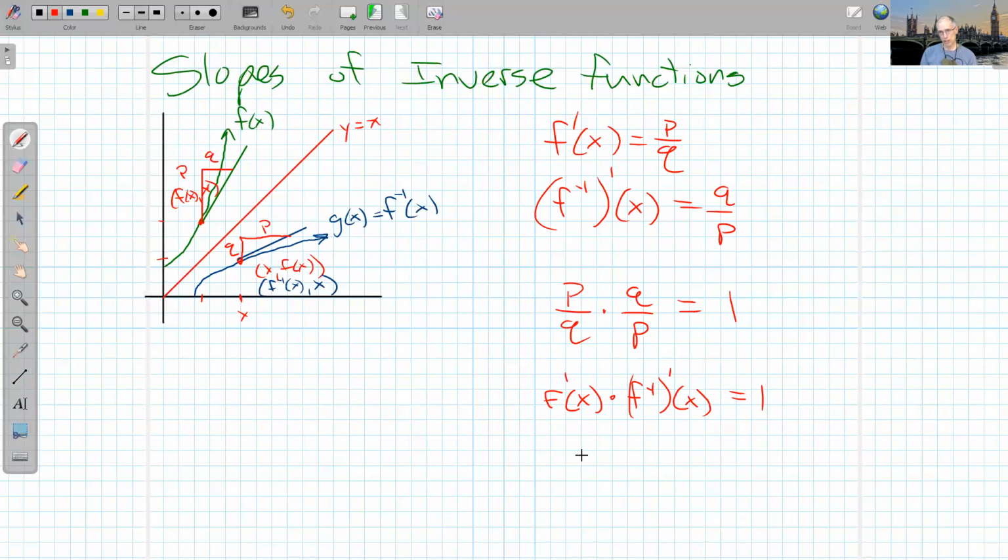Next cool thing is we can solve this relationship for f inverse prime, which we could also write as the derivative with respect to x of the inverse function, kind of like that version better than this version here. Then I get 1 over f prime of x.